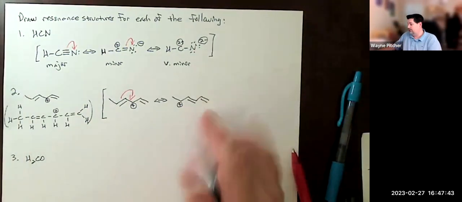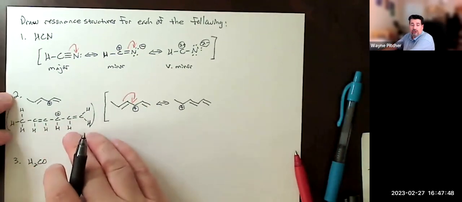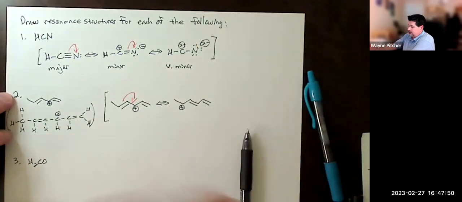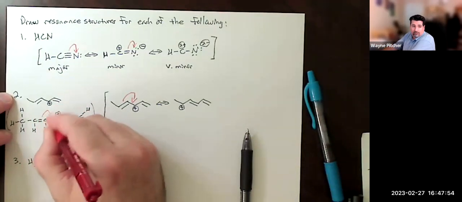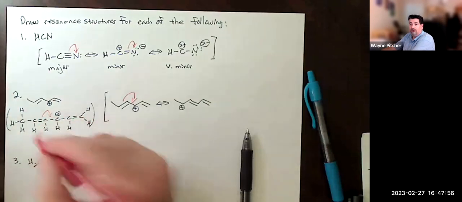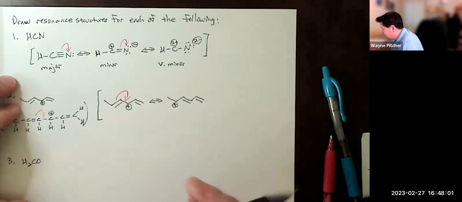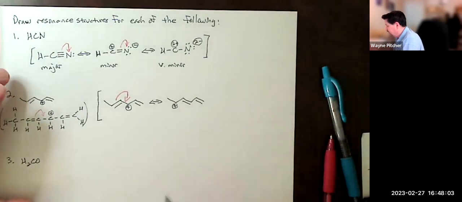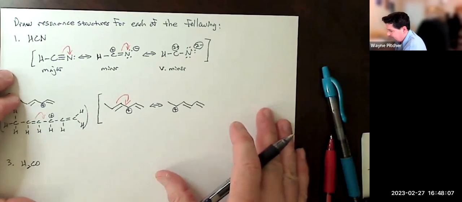And if you're having trouble following along with this, go ahead and draw out the Lewis structure, and then you can go ahead and draw your arrows pushing electrons, and you'll see maybe a little more clearly if you're having trouble. You'll be able to see where the positive charges are.